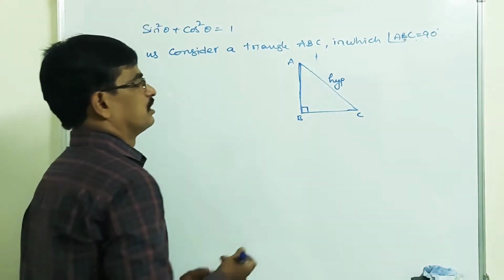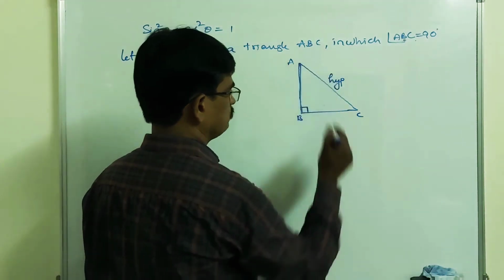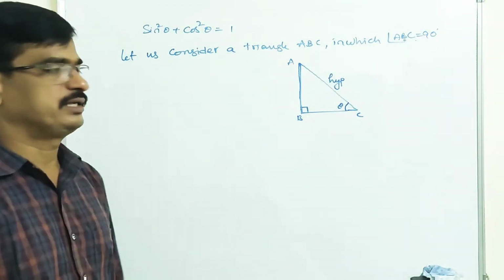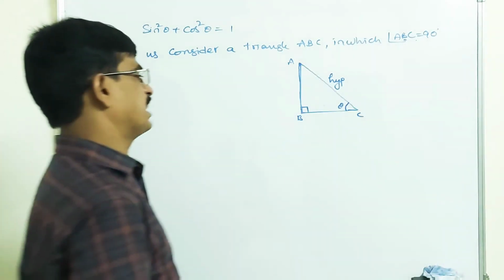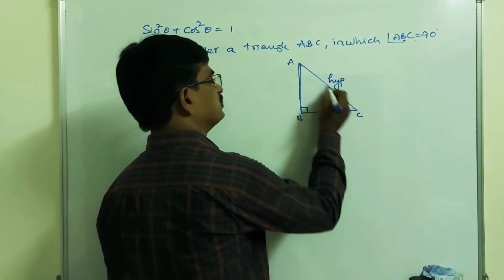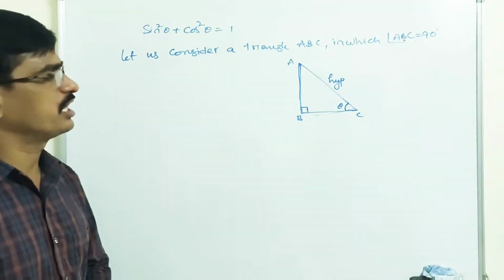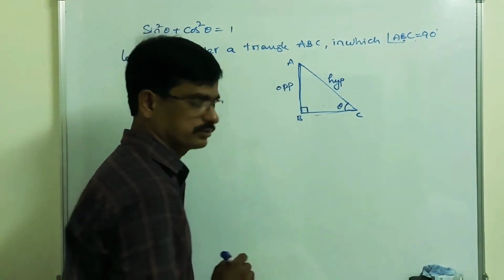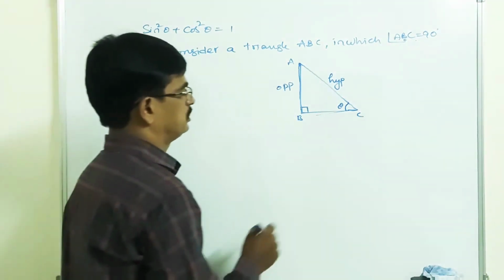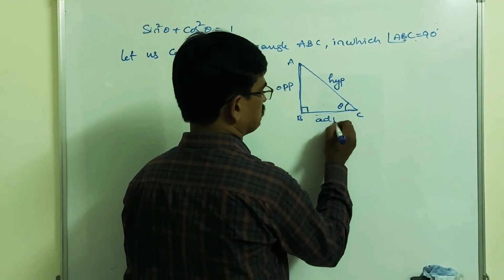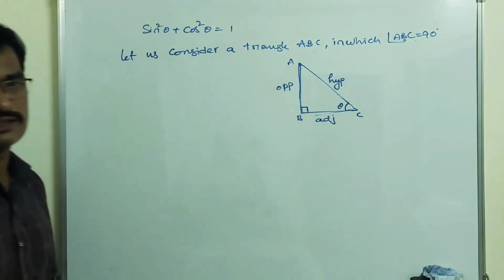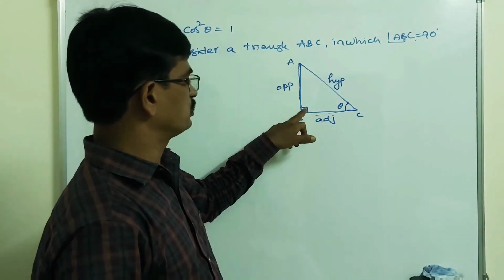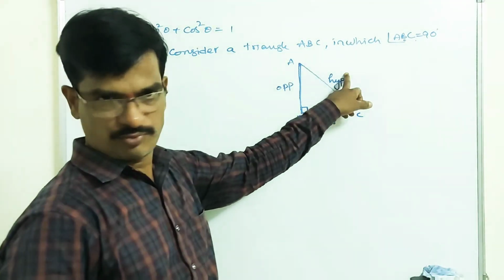And the angle at vertex C, let it be theta, that is, the angle between CB and CA. Then the side AB is opposite to theta. It becomes the opposite side, and the remaining side is the adjacent side. First you fill in the side opposite to 90 degrees, which is the hypotenuse.